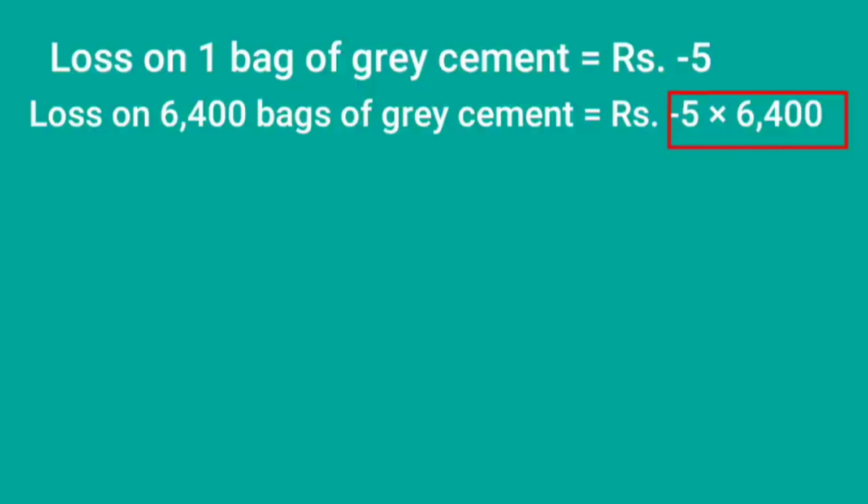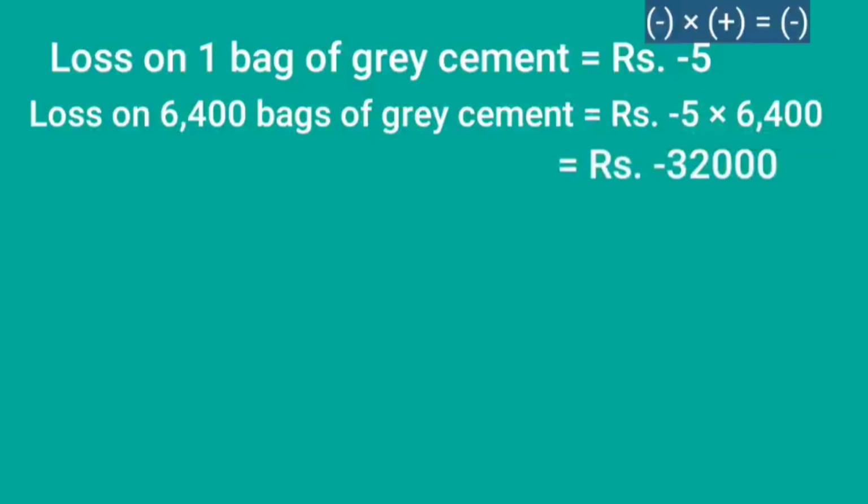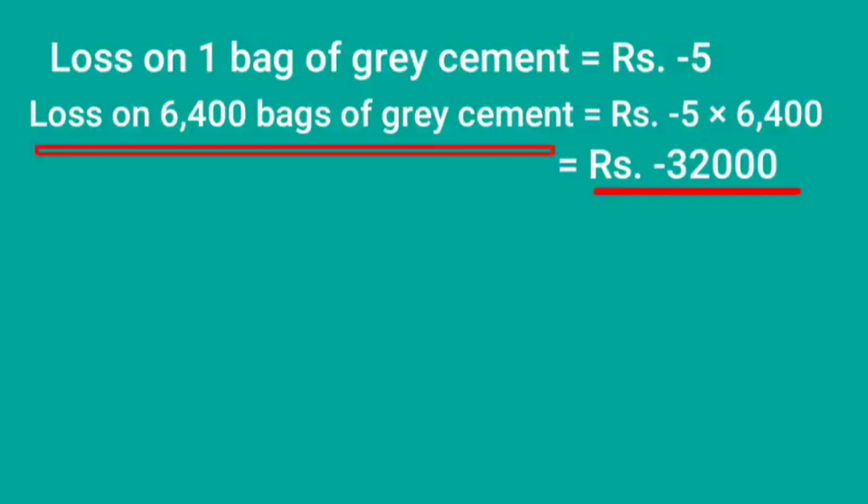According to the rule of multiplication of integers, minus into plus is equal to minus. So, minus 5 into 6,400 is equal to minus 32,000.